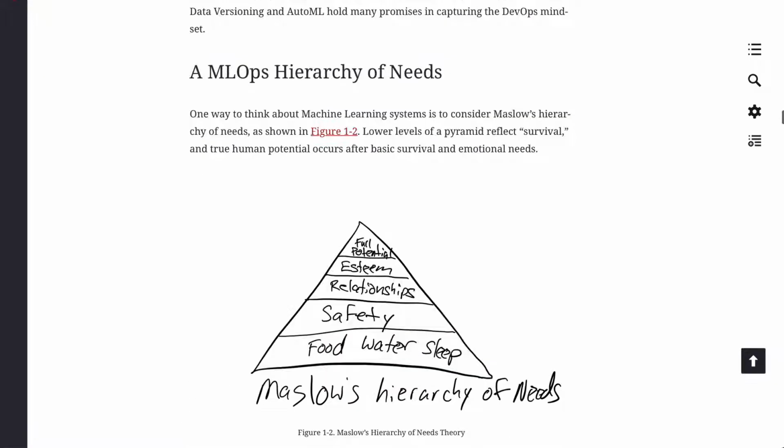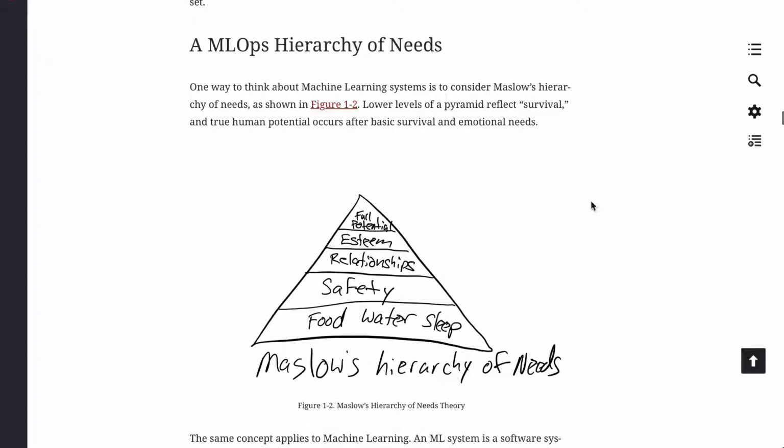Okay, now let's talk about what I call the machine learning operations hierarchy of needs. There's a famous diagram in psychology about Maslow's hierarchy of needs, and what he talked about was that it's very difficult to get your full potential if you have no food, water, or sleep.